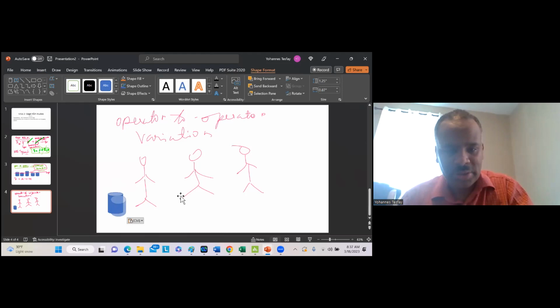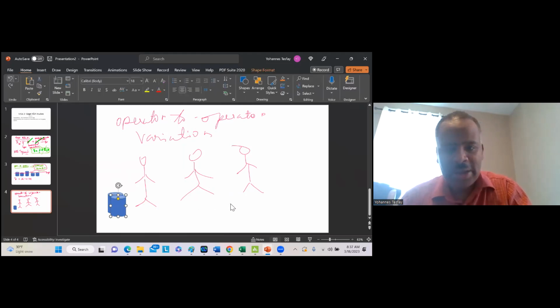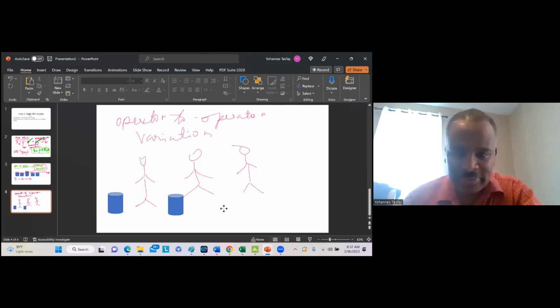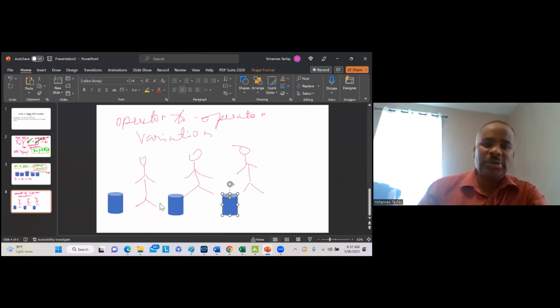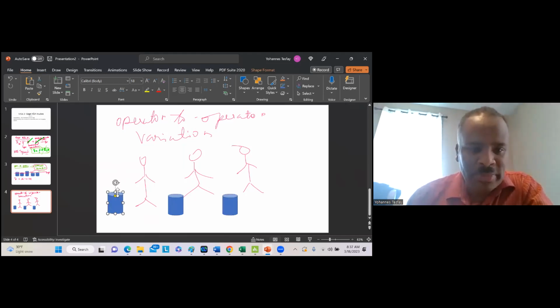How does that happen? This is what I want. I gave them the same part to measure. So now this one might measure it like this, and this operator might measure it over the spec.